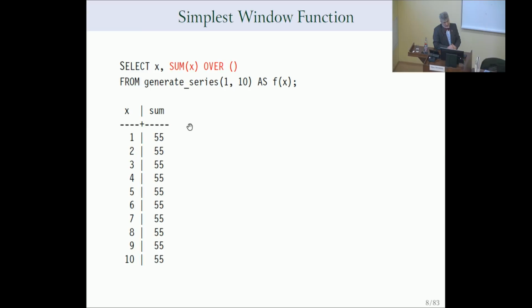So that's why we get a 55, and we get a 55, in this case, on every single row, which is probably pretty useless. There's probably not any use to this, but you get the idea. That's a very, very simple window function, and it has not reduced the number of rows. It's allowed me to compute the sum and put the sum on every single row, okay?